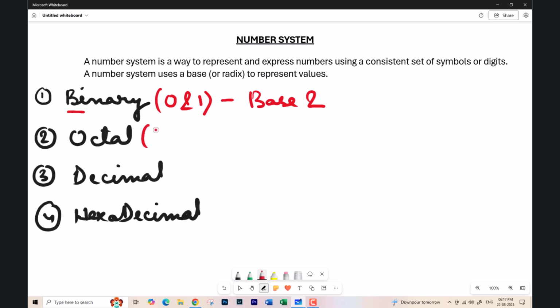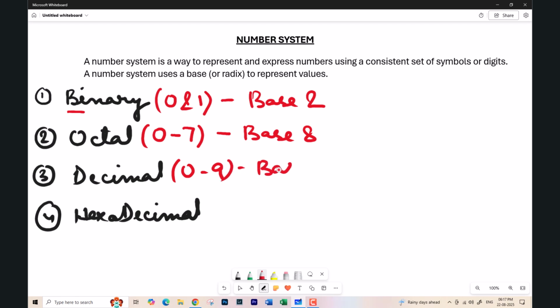In octal it has numbers from 0 to 7, total 8 numbers, so its base is 8. In decimal it has 0 to 9, total 10 numbers, so its base is 10.